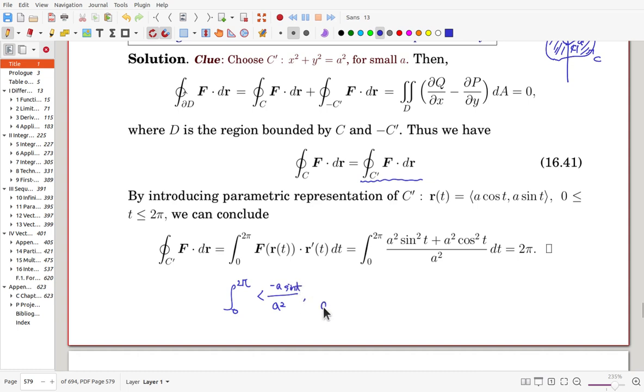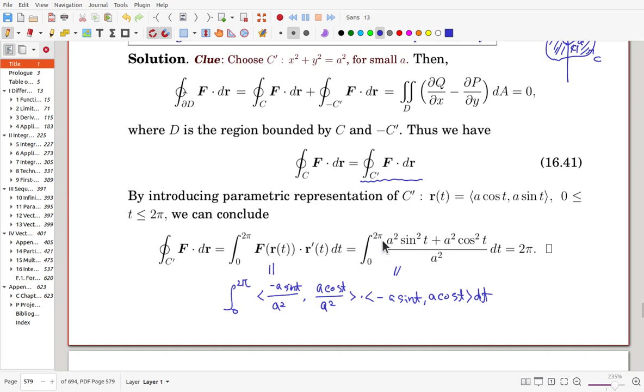The second is x over a², and x is a cos t. Then r′(t) is (−a sin t, a cos t) dt. Now this dot product makes a² sin² t plus a² cos² t, with a² on the bottom.